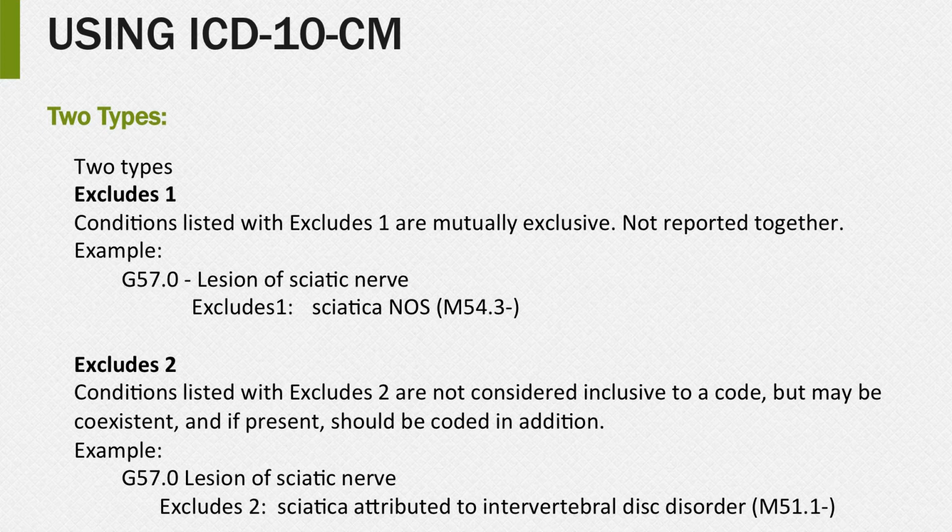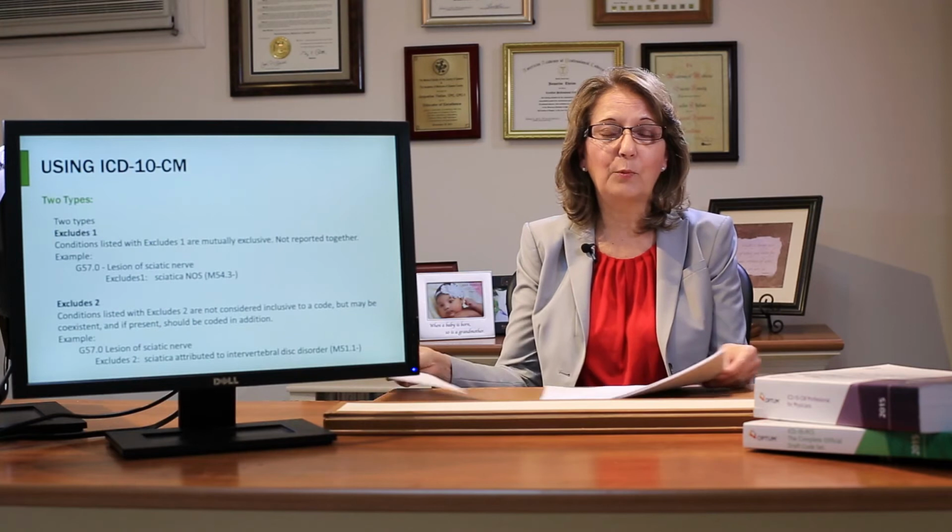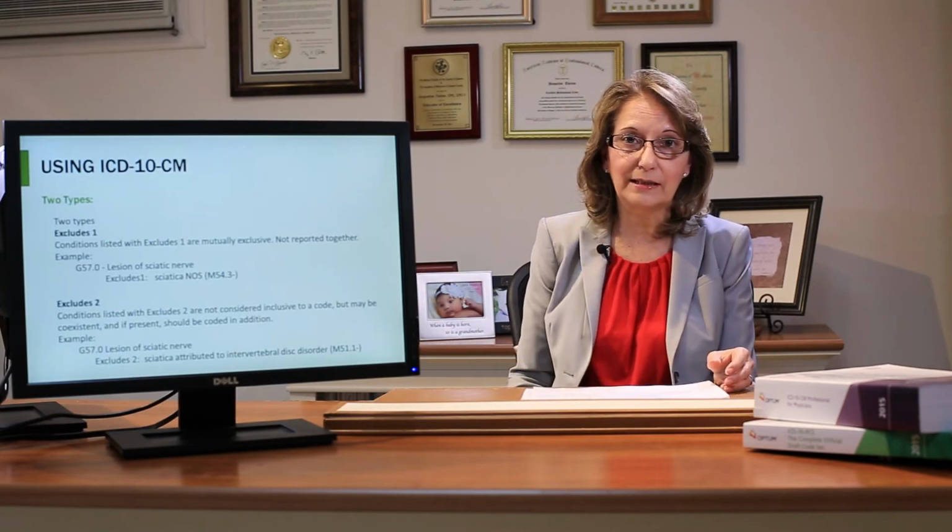However, in the Excludes 2, you'll notice that if the sciatica is attributed to an intervertebral disc disorder, you would report both the lesion of the sciatic nerve, the G57.0, and the sciatica attributed to the intervertebral disc disorder, the M51.1. And both of those codes, by the way, would require additional digits.